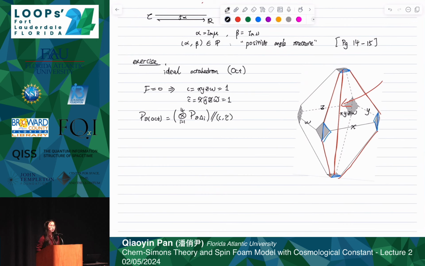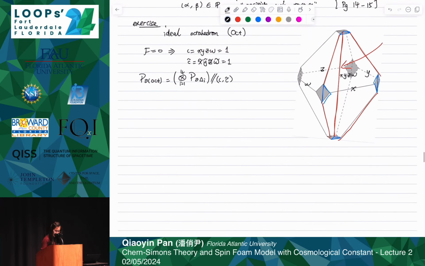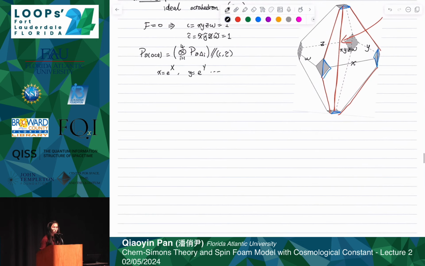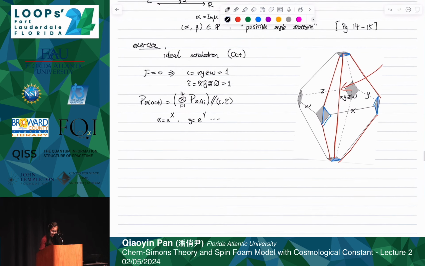So it's actually smaller. Then if I take the logarithm of these coordinates, x equals e to the capital X, y equals e to the capital Y, and so on, then this constraint allows us to write w as a function of x, y, z.